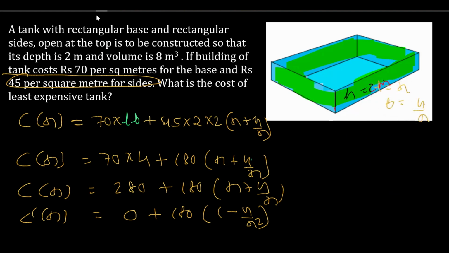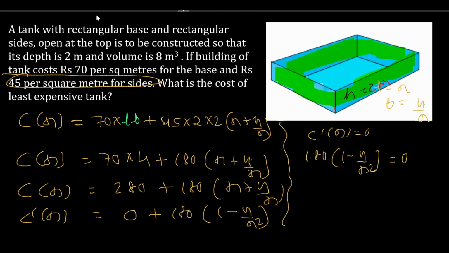Now for maxima or minima, C dash x has to be equal to 0. Equating this with 0, we get 180 times (1 minus 4 over x square) is equal to 0. So 180 on transposing becomes 0, and it comes out to be 1 minus 4 over x square is equal to 0.